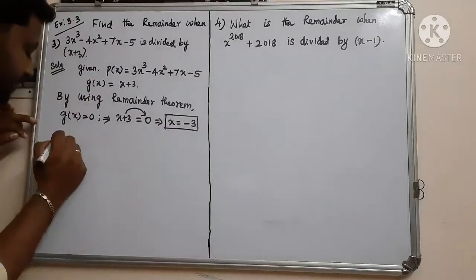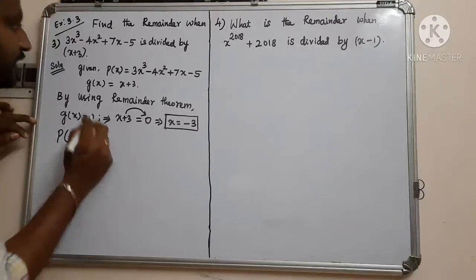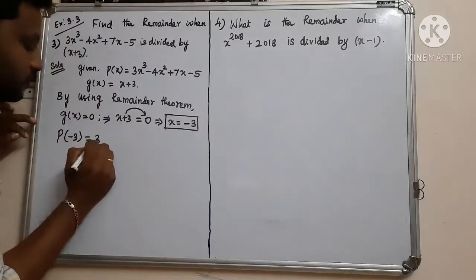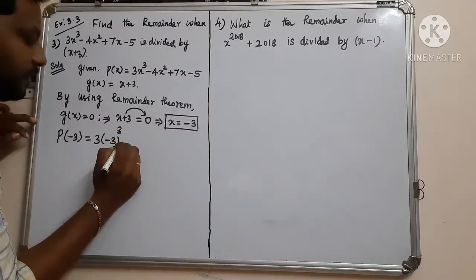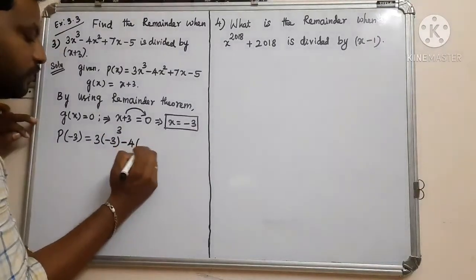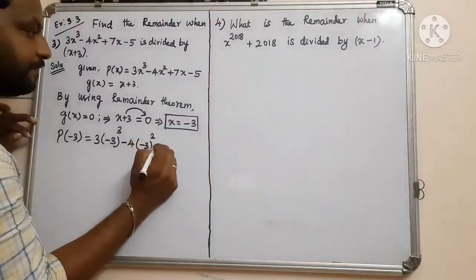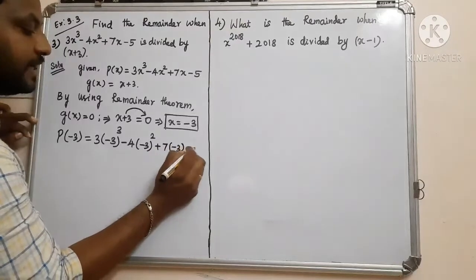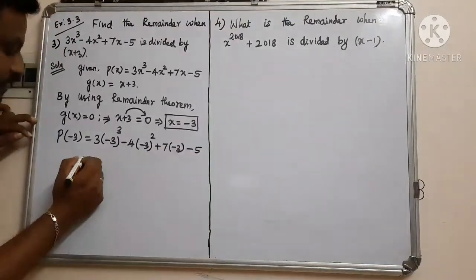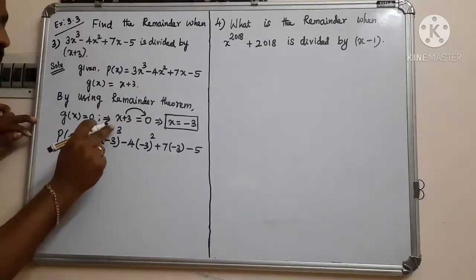So in p of x, that should be p of minus 3, which is equal to 3 into minus 3 the whole cube, minus 4 into minus 3 the whole square, plus 7 into minus 3, minus 5. Now 3 into minus 3, you should multiply 3 times.